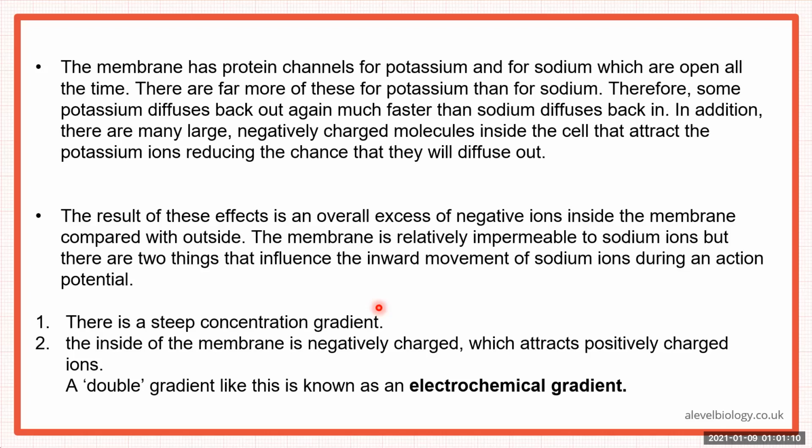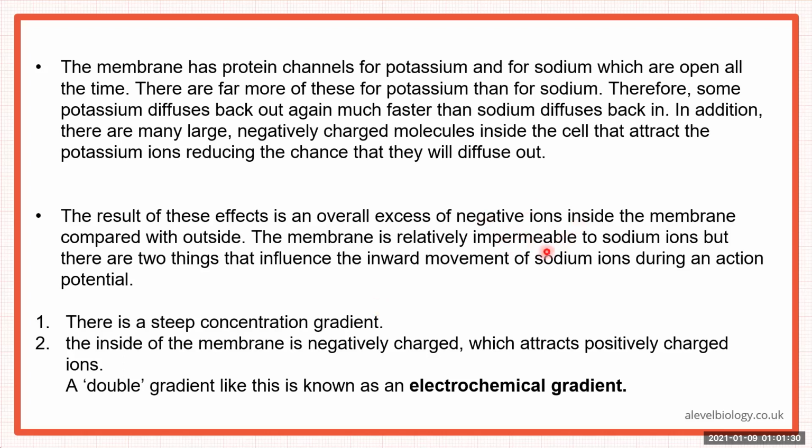In addition, there are many large negatively charged molecules that attract these potassium ions and reduce their chance of diffusing out. Because of all these effects, the overall excess of negative ions inside the membrane makes the inner environment more negative compared to the outside.